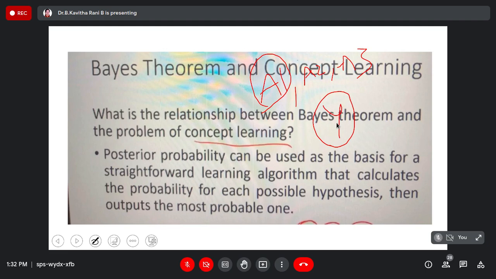So A1 will play an important role in predicting the y value. If A2 has a higher value than A1, then A2 will play a more important role in predicting the output value.